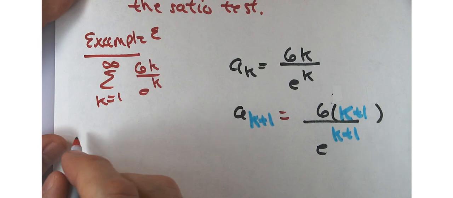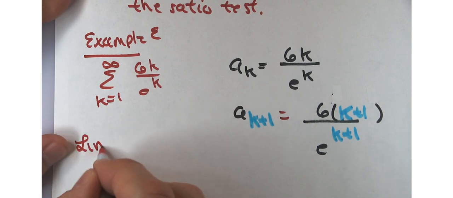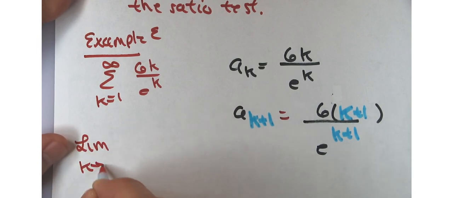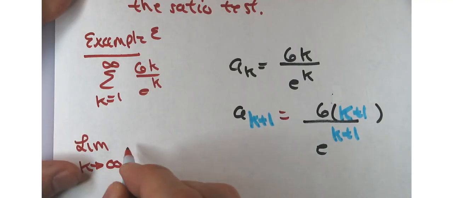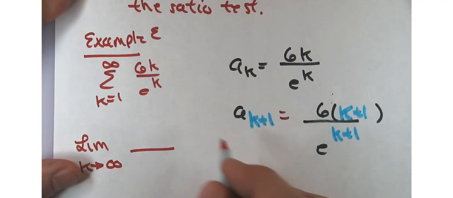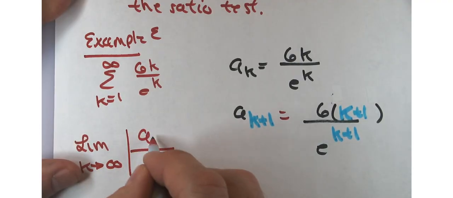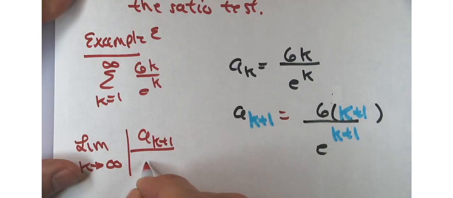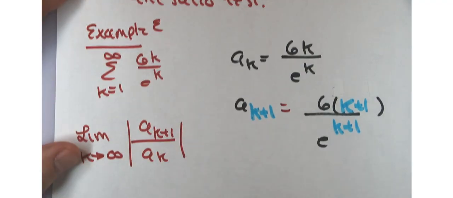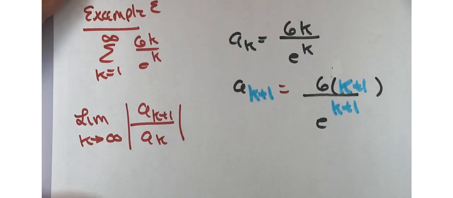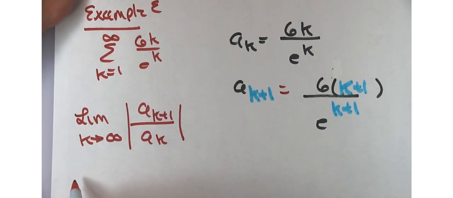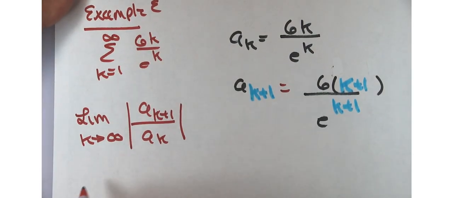We want to look at the limit as k approaches infinity of the absolute value of a sub k plus 1 over a sub k. Do I really need the absolute value in this problem? No, everything's positive, so I'll skip that part. Limit as k approaches infinity.